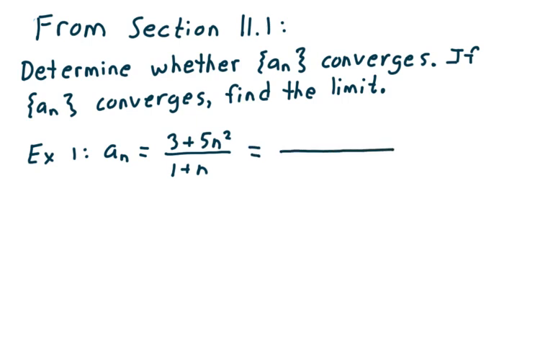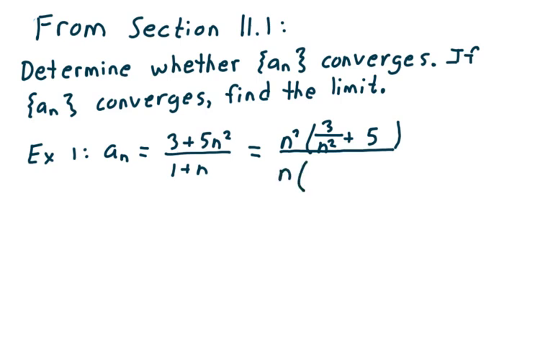Now, the highest degree in the numerator is 2. So we want to factor out an n squared. When I do that, I'm going to take 3 and divide by n squared, and add 5. In the denominator, the highest degree is 1.